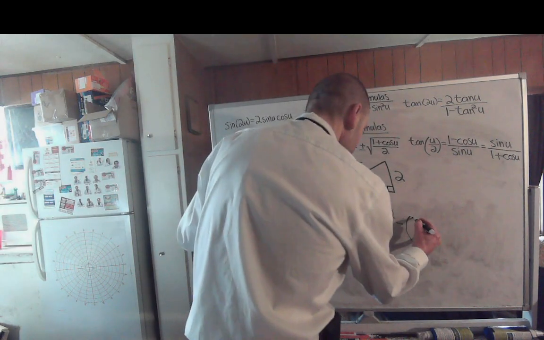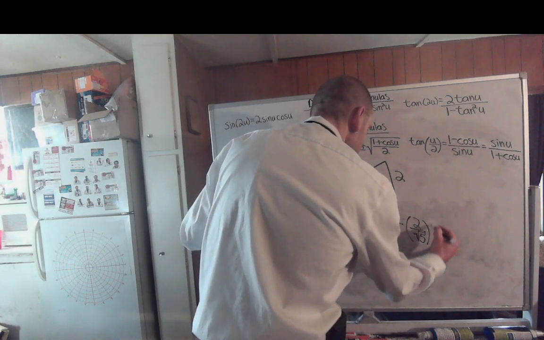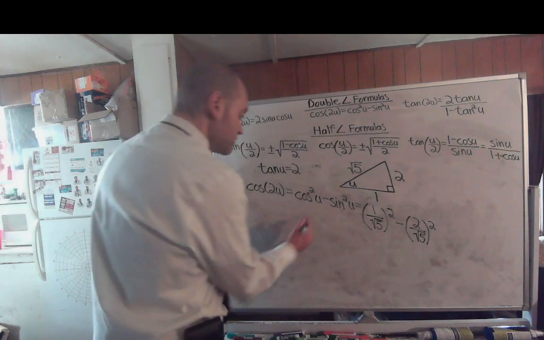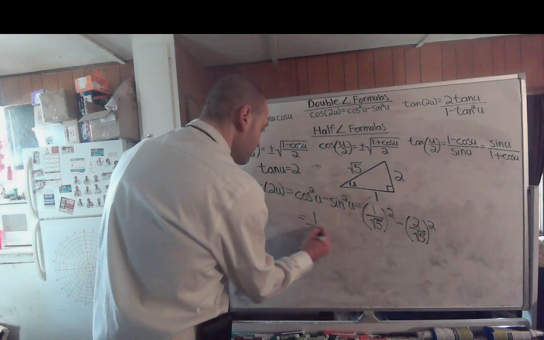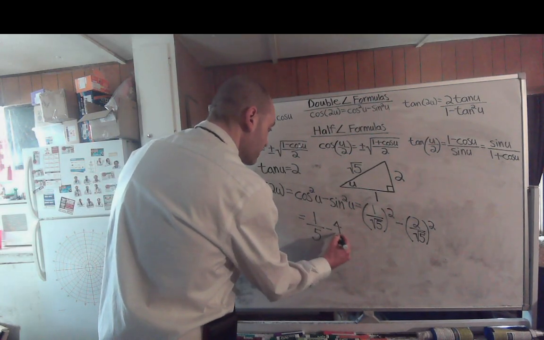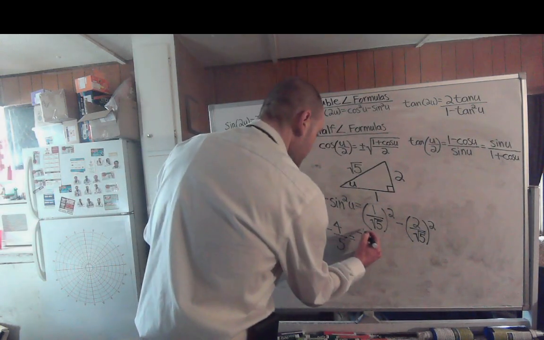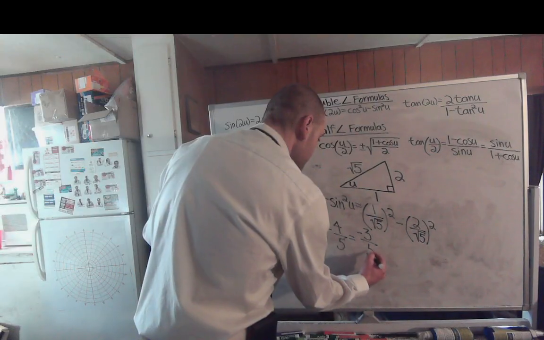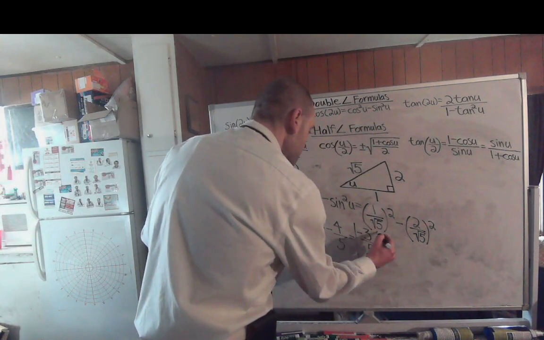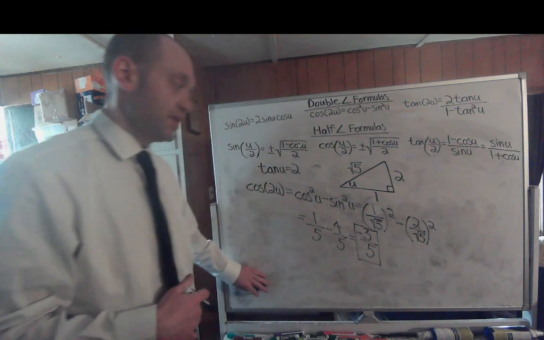That's 2 over the square root of 5, but we have to square that quantity since it's sine squared. So this would simplify into 1 over 5 minus 4 over 5, which should give you a cosine of negative 3/5. So the cosine of 2u in this case would end up being negative 3/5.